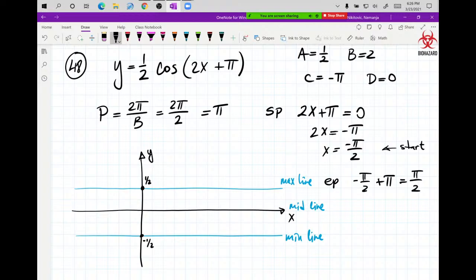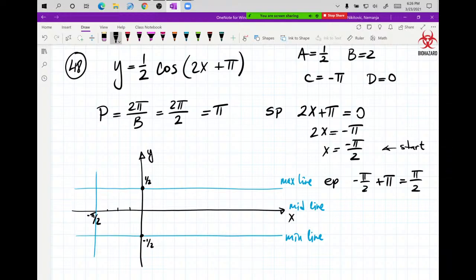Now, I have to go to the left at pi over 2. You can literally pick as far as you want. Let's go now 4, I guess. 1, 2, 3, 4. And call this one negative pi over 2.